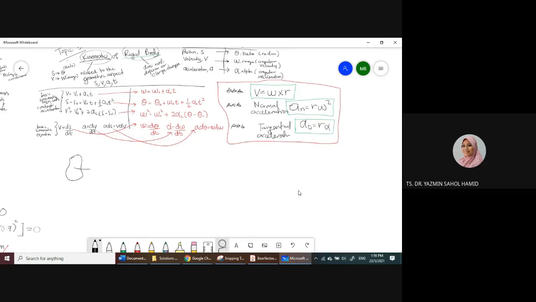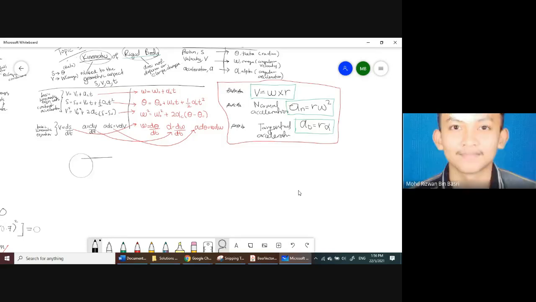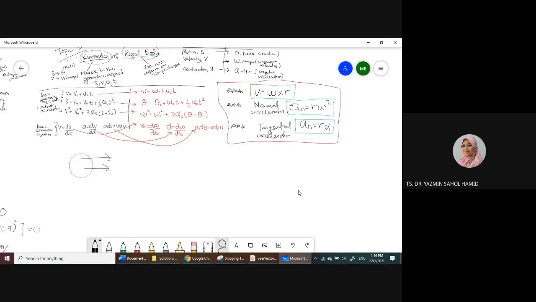It can move like this from one position there to this other position. The reason why they draw a bean is because they want to show the rigid body can be any type of shape.